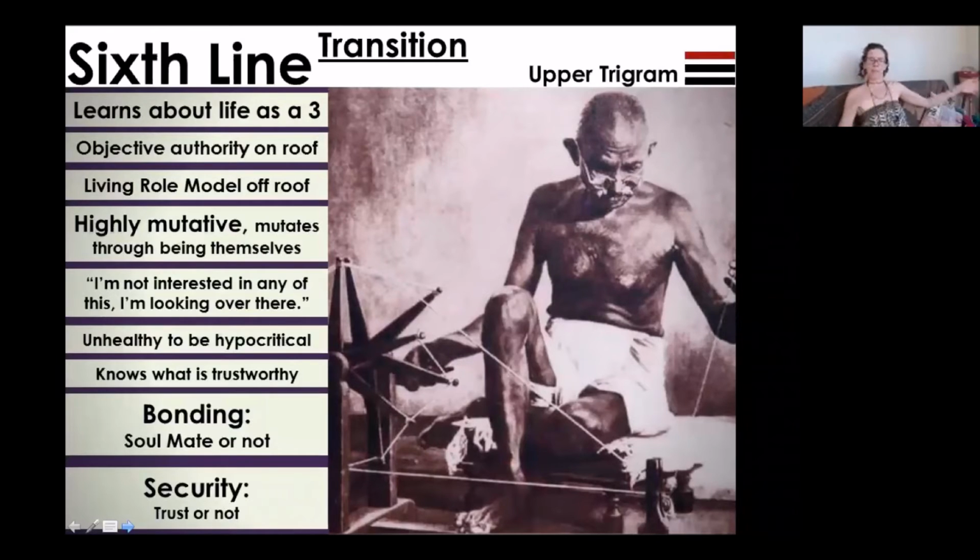And then after 30, I think I gradually made it up to the roof, and I think it really solidified with coming down to Mexico, where I was really able to take a breather from all of that and have some space and some time to be detached from life. One of the words for a 6 would be aloof. 6s are aloof.